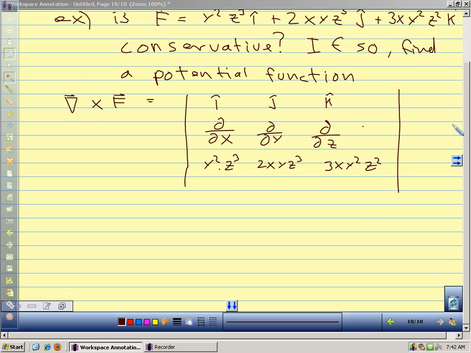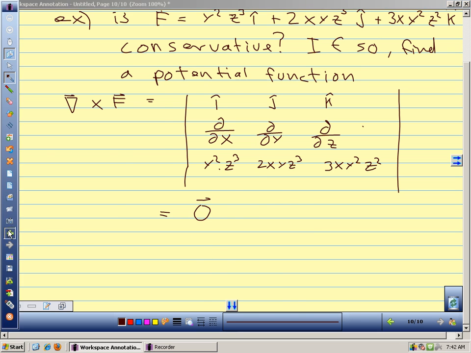And if I form my cross product with my function here, I end up with that this does in fact equal 0. And I should go back here.